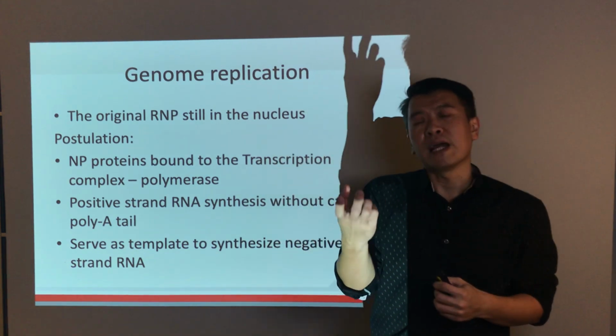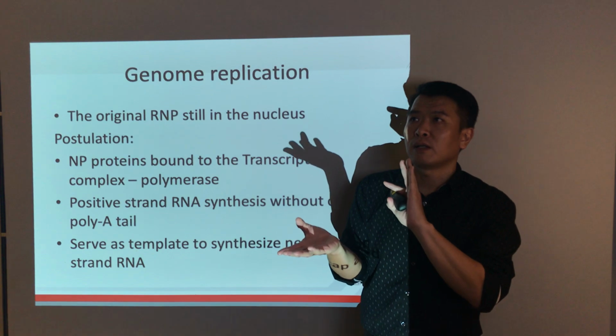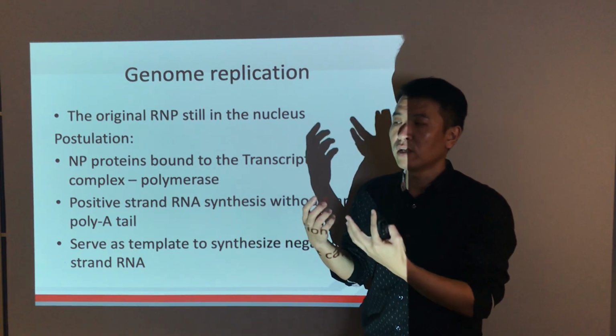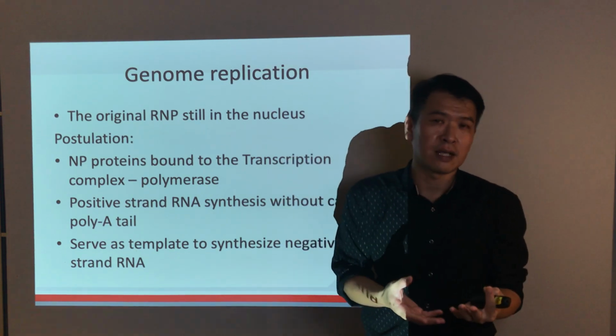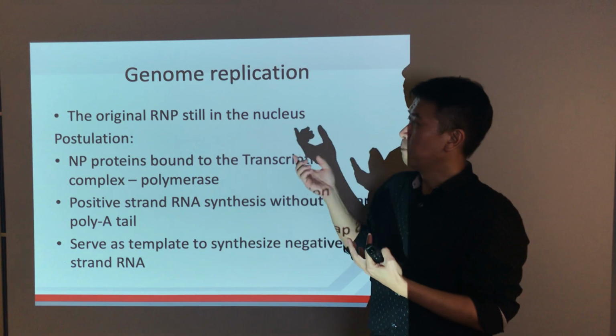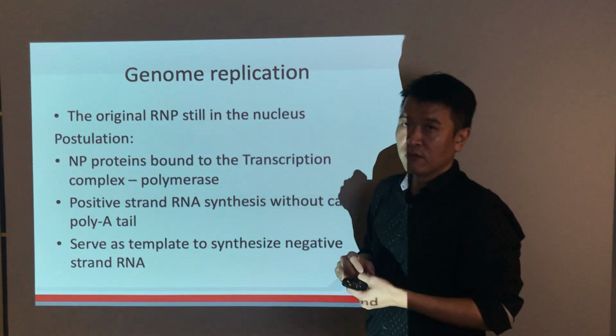Just like NDV, where we know that the viral protein has been produced in large amounts, in order for the polymerase to stop synthesizing mRNA and start producing the viral genome, the NP is the one that's responsible for the conversion.